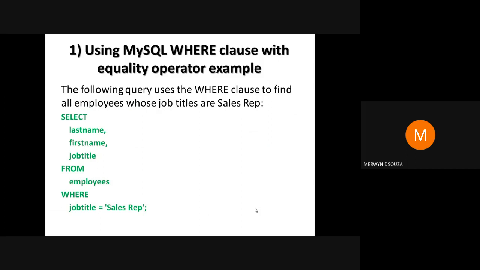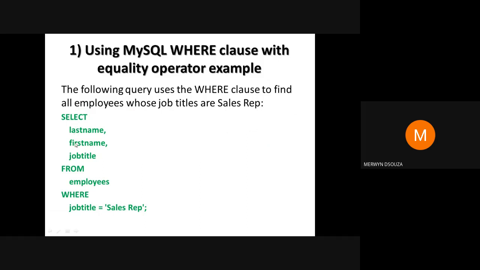In the first example, let's see how to use the MySQL where clause with the equality operator. We will write a query to find all employees from the employees table whose job titles are sales rep. So let's write the query. We start with select.